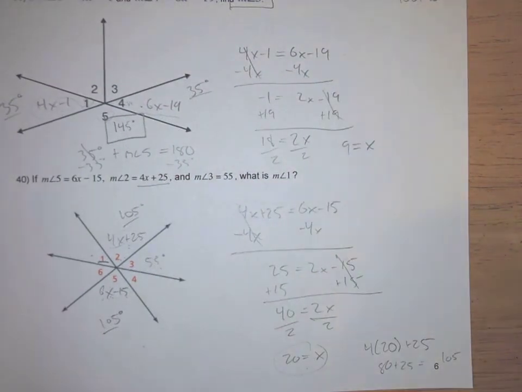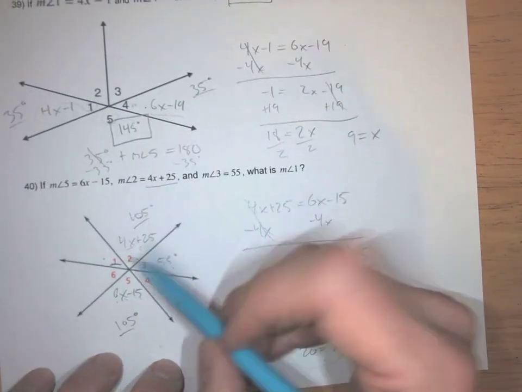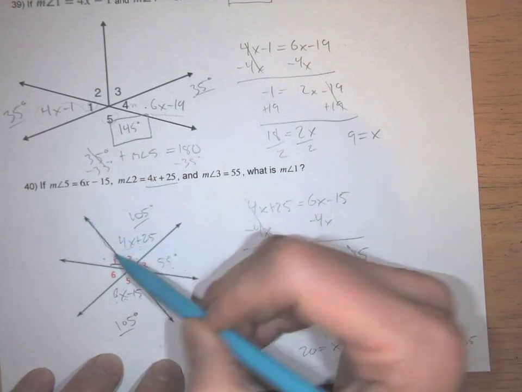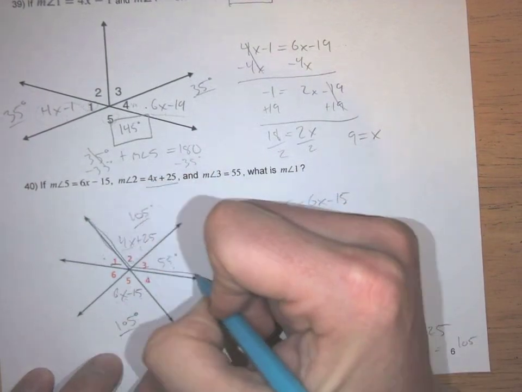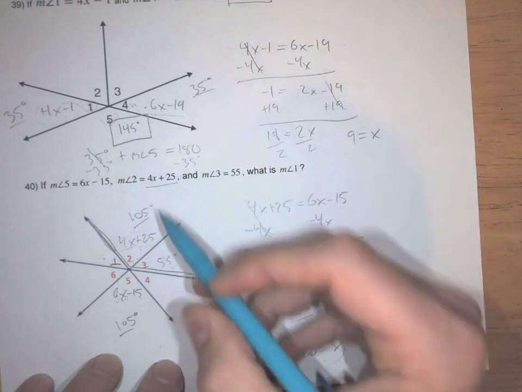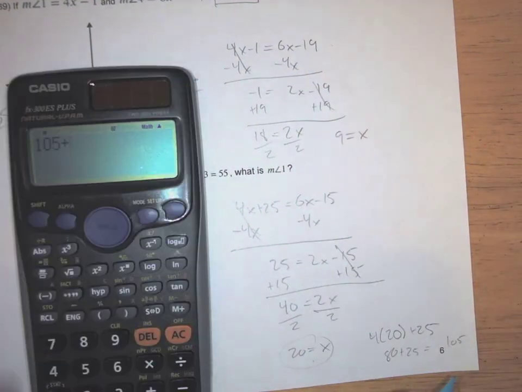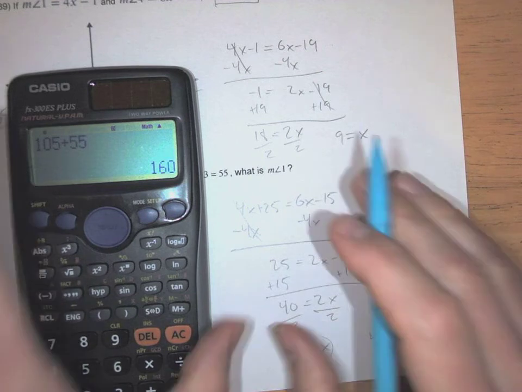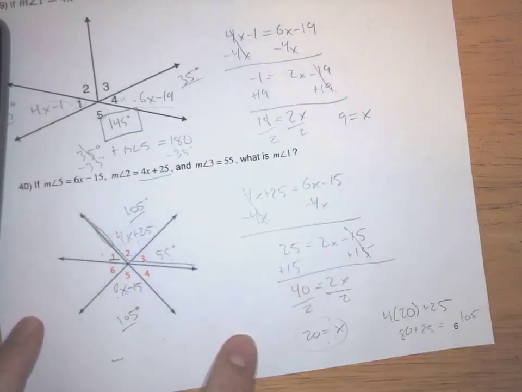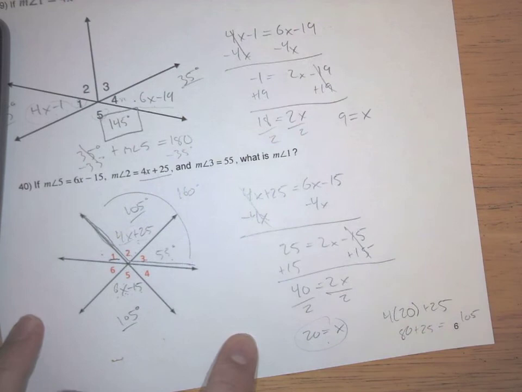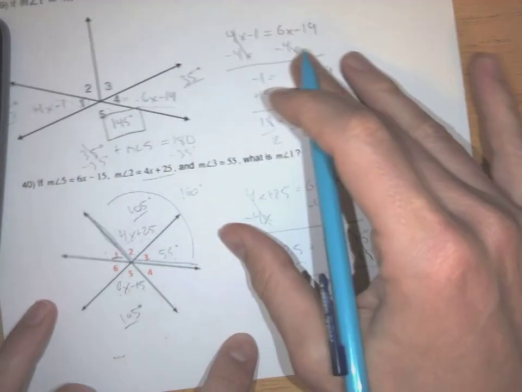Okay, now if we add angles 2 and 3 together, we're going to get this angle right here. So let's do that. 105 plus 55. Okay, so together, angle 2 and angle 3 is 160 degrees.